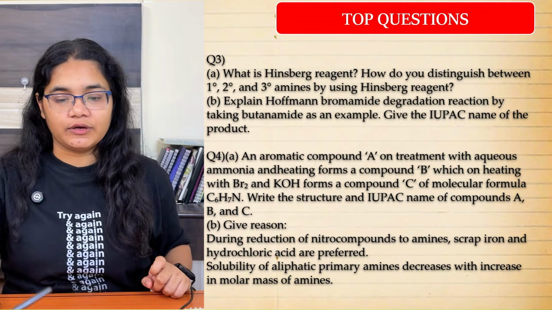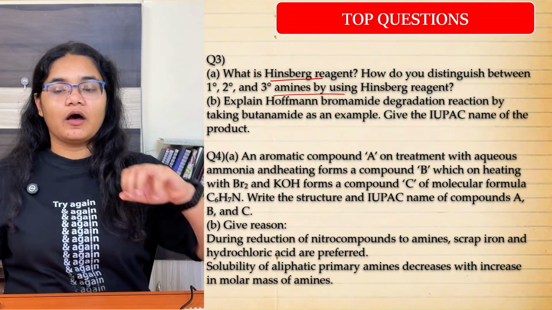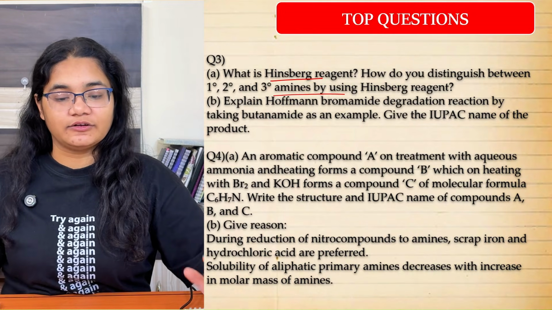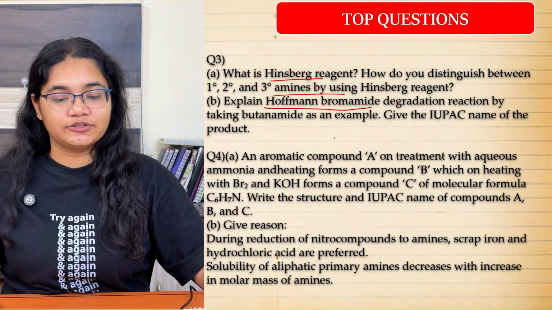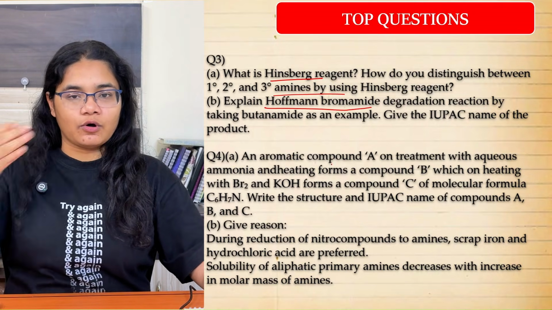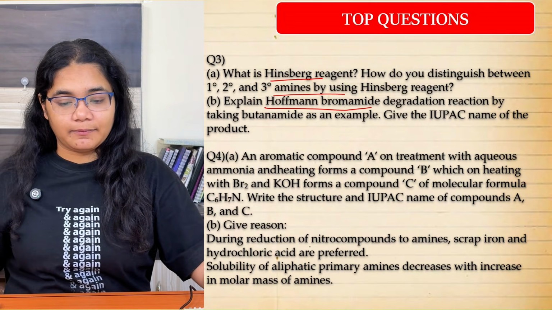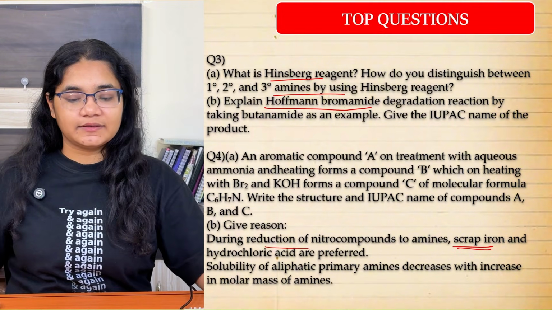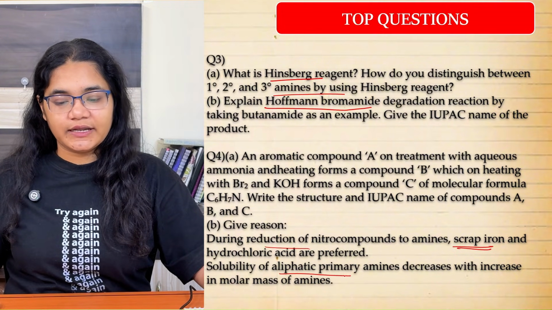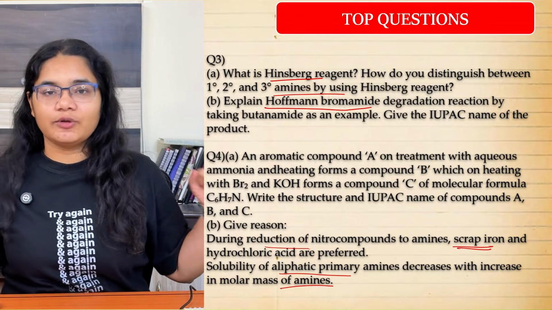You should prepare thoroughly. And then what is Hinsberg reagent and how it is used to distinguish between primary, secondary and tertiary amines. Next very important name reaction is Hoffmann bromamide degradation. Then you have the case based questions you can prepare. Reduction of nitro compounds using scrap iron, this is an important question. Then solubility of aliphatic amine decreases as the molar mass increases, this is also an important question.